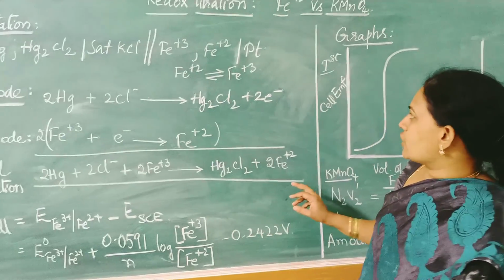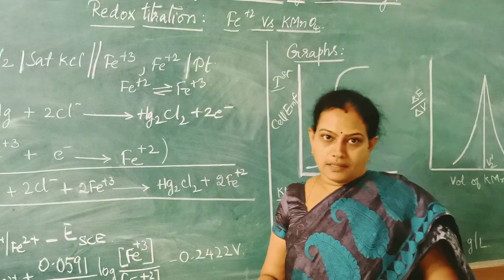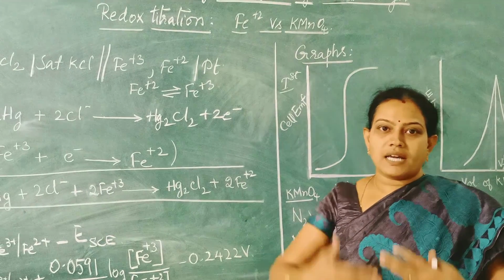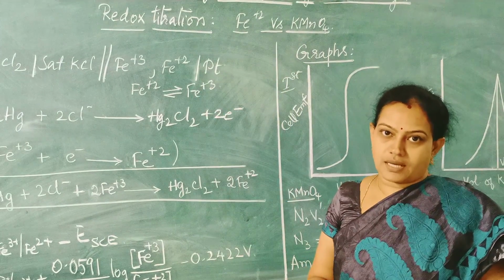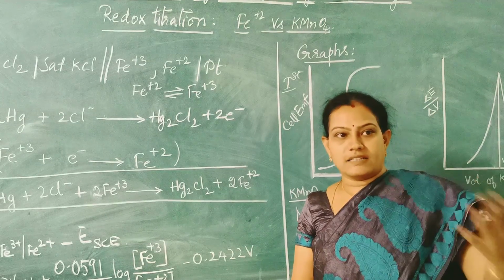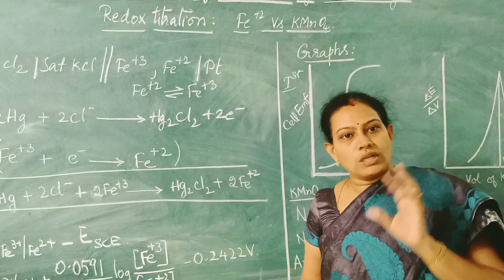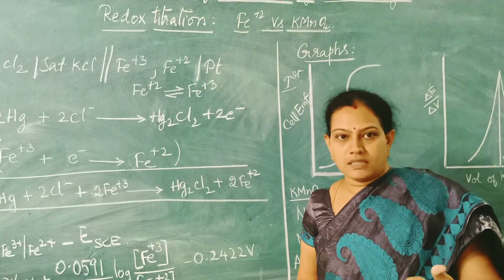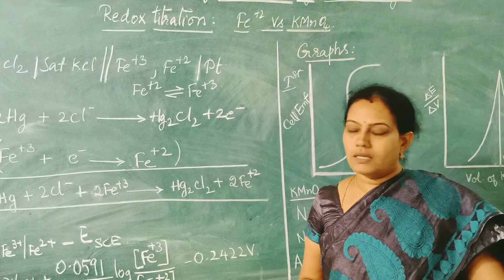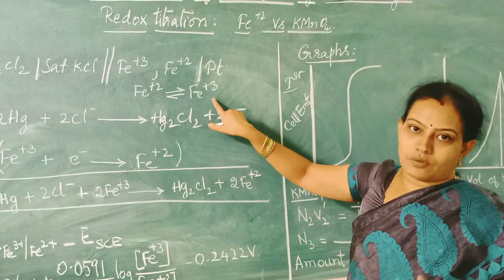So we observe that when we are titrating the ferrous solution against the KMnO4 solution, we set up the whole apparatus again like the previous one you have seen with HCl, but the only difference is that when we were taking HCl, we used a quinhydrone electrode. Here it is not quinhydrone, it is going to be the ferric ferrous electrode which is built.